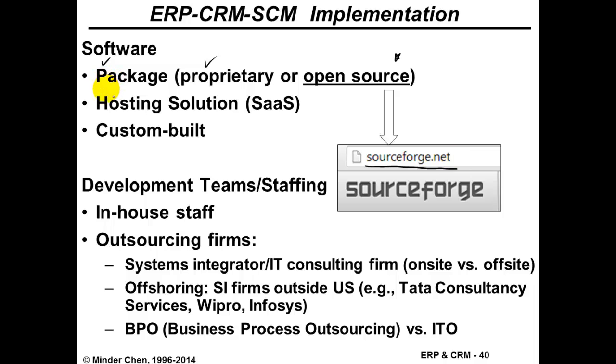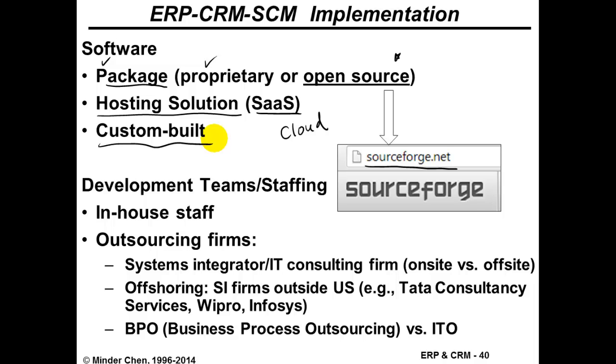So you can use a package and install it in-house, or use a hosted solution. That's also called software as a service, and people tend to call it cloud application, cloud computing nowadays. And you can also think about potentially a custom build.